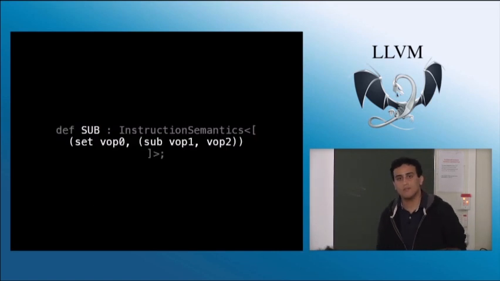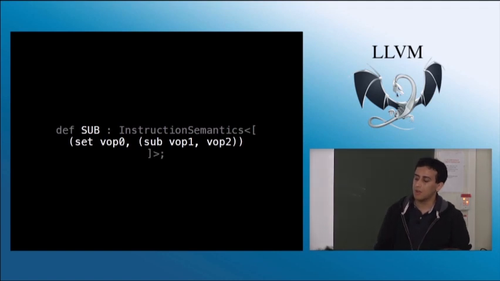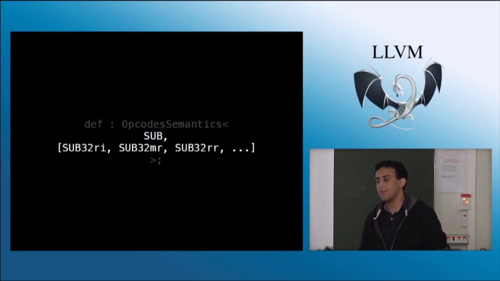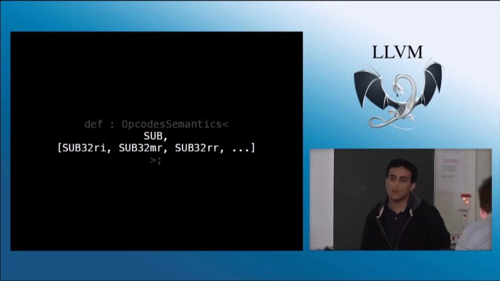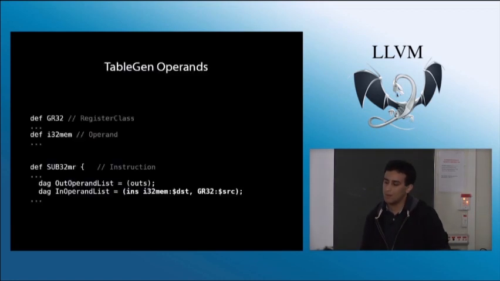Here we have the semantics of the sub: just subtract and set the result in another operand. We have the input operands, VOP1, VOP2. We also need to associate the semantics we wrote with each instruction that has these semantics.